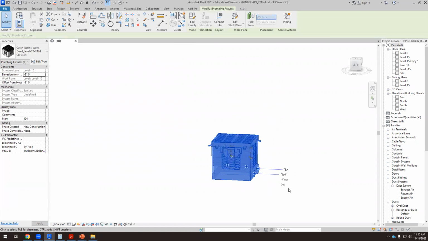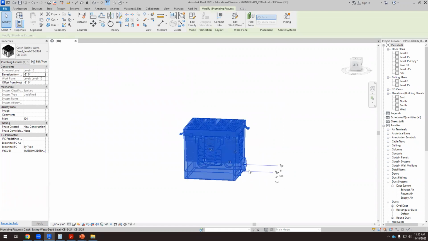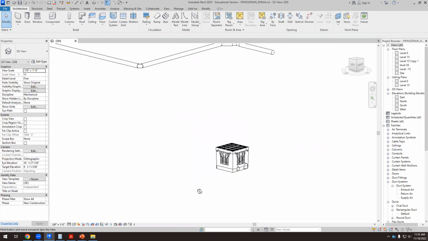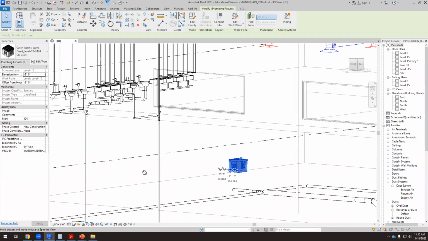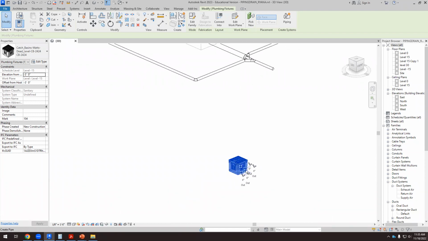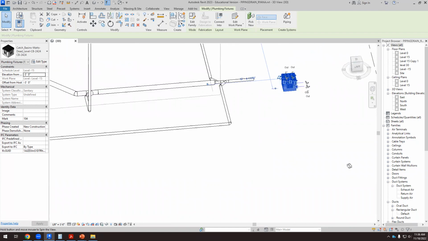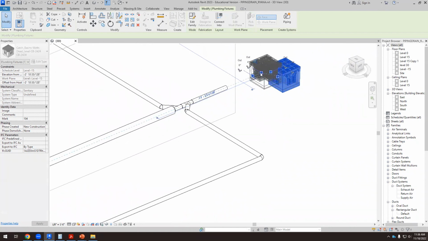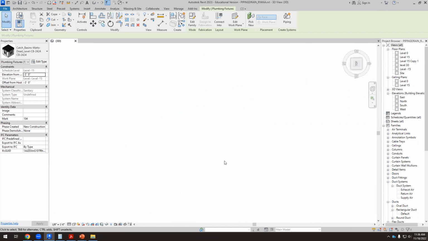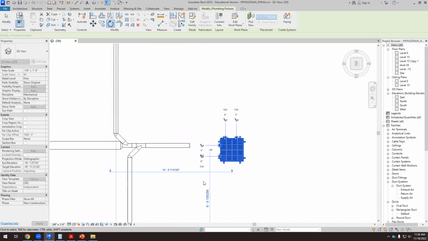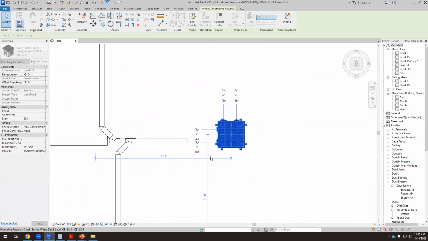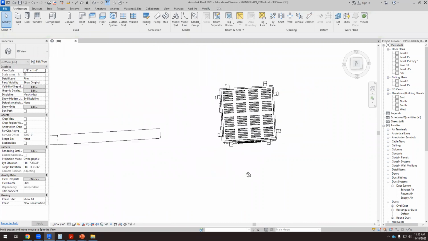Okay, so here we have the outlet, connected here.